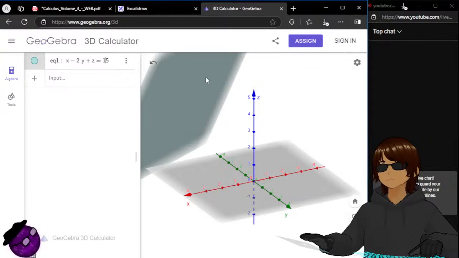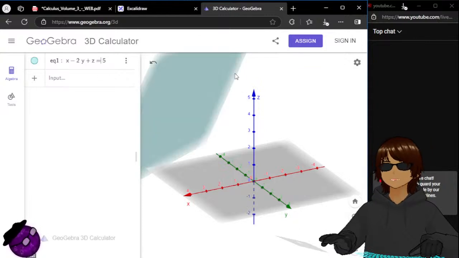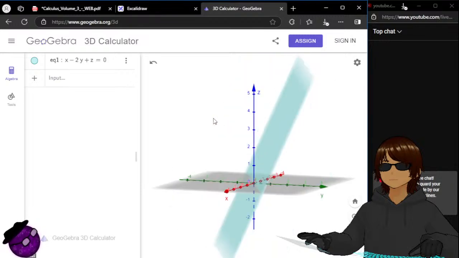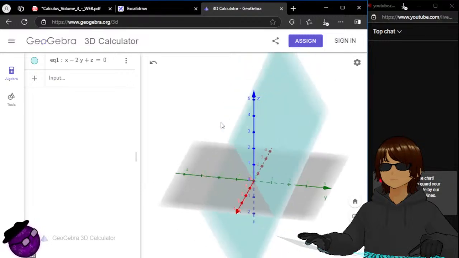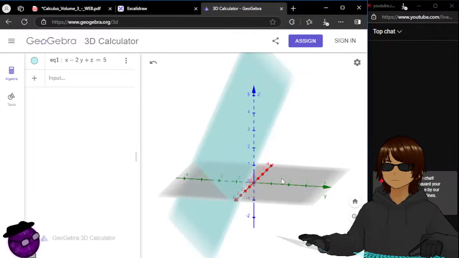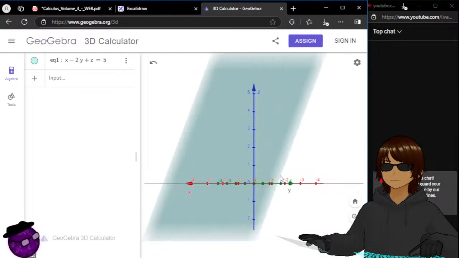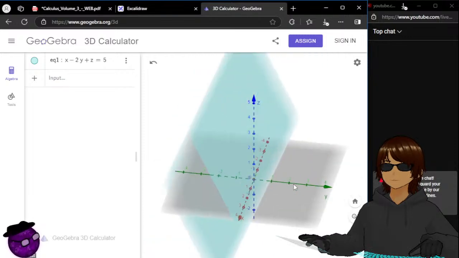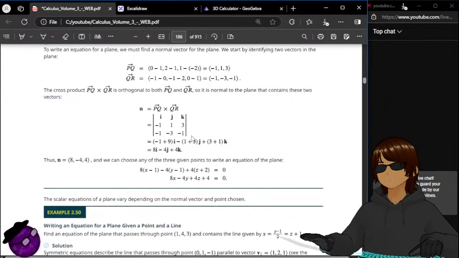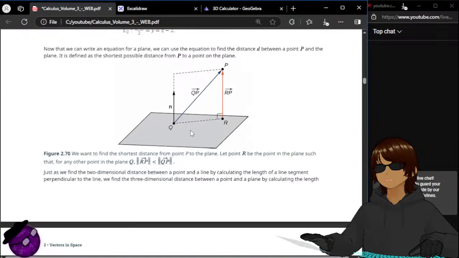The shape of the plane and the gradient of the plane remains the same if I change this part. Okay, so now I understand.